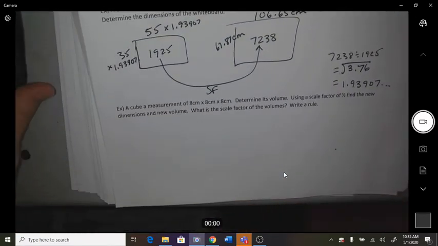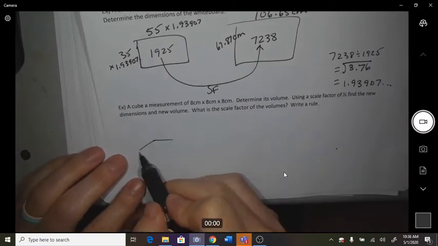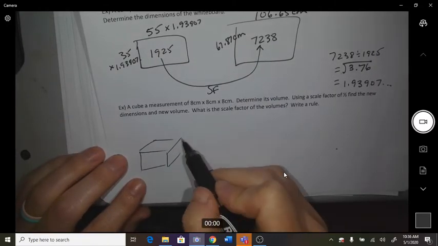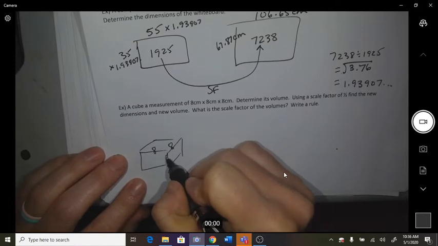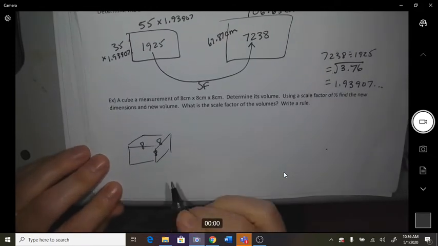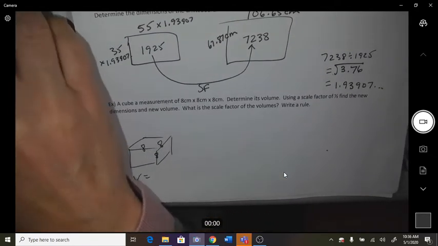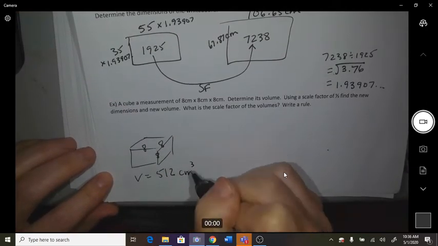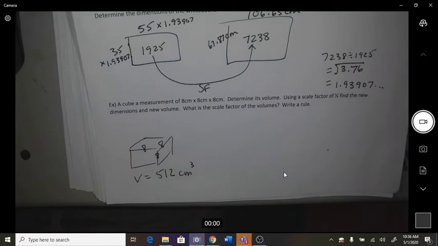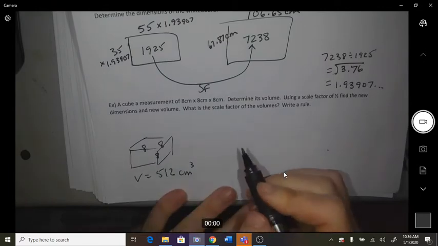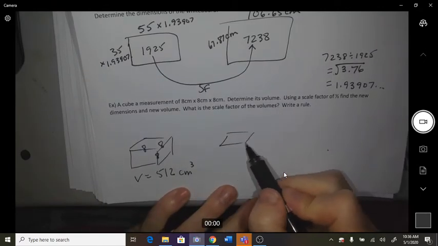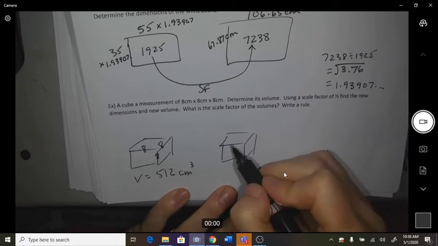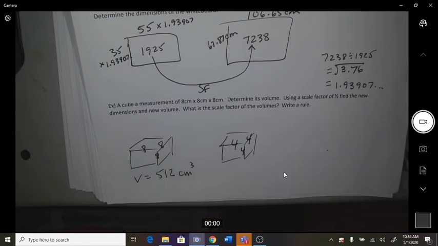A cube measures 8 by 8 by 8. Okay, so the volume of that would be 8 cubed, so 512 centimeters cubed. Using the scale factor of a half, find the new dimensions. So a half scale factor would mean the new dimensions are 4 by 4 by 4.